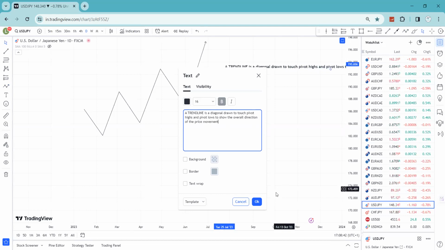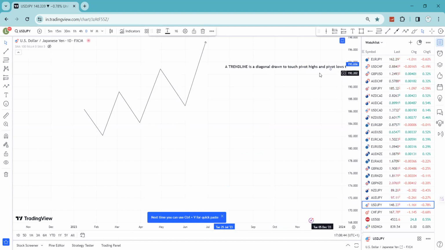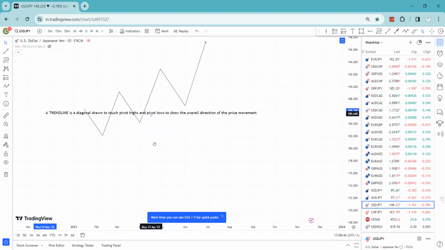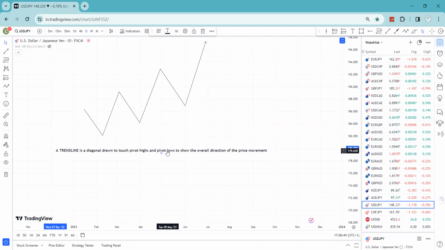Now, amazing. So there are some key things here that I would like you to simply look at. Number one, it must be a diagonal line and it must not be too steep, okay? When I mean it must not be too steep, this is what I mean. It shouldn't be a diagonal line that is drawn this way, all right?